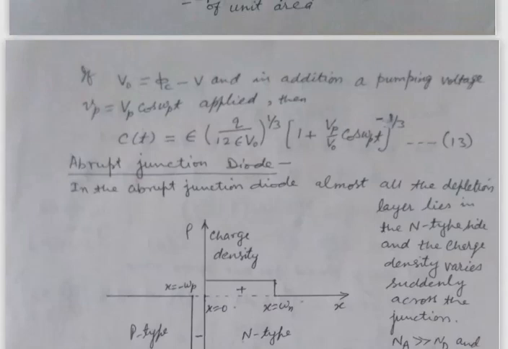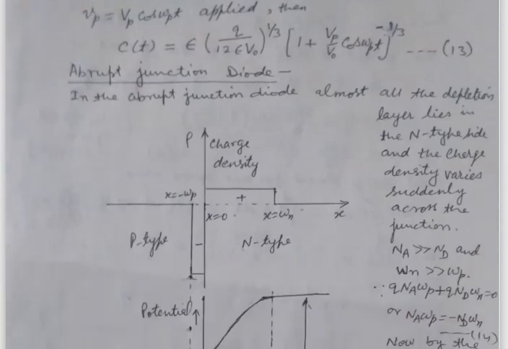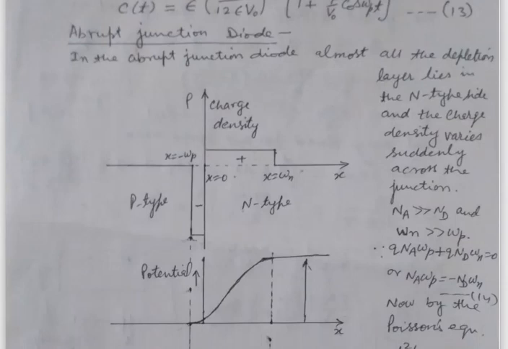Similarly, we can also find the expression for the capacitance for the abrupt junction diode.